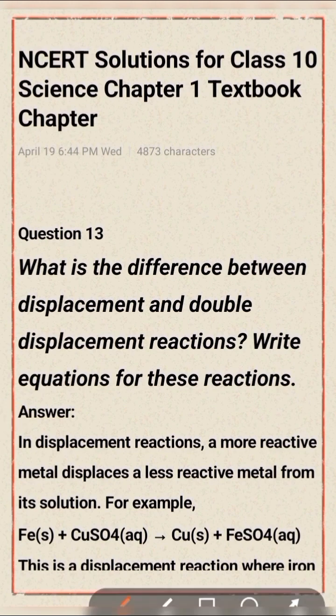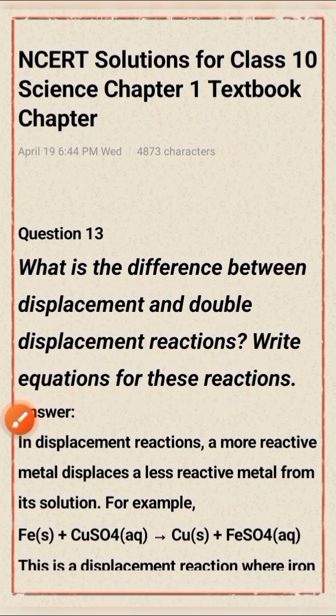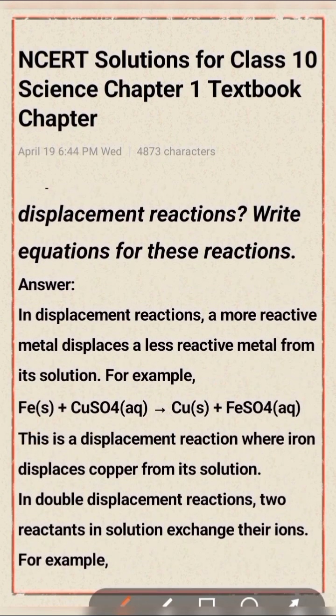What is the difference between displacement and double displacement reactions? Write equation for each reaction. Now, in displacement reaction, a more reactive metal displaces a less reactive metal from its solution.